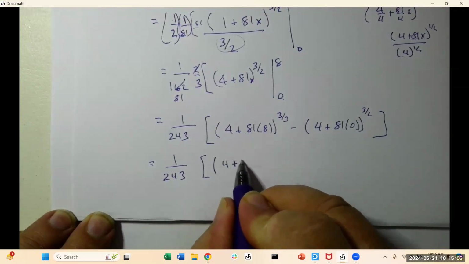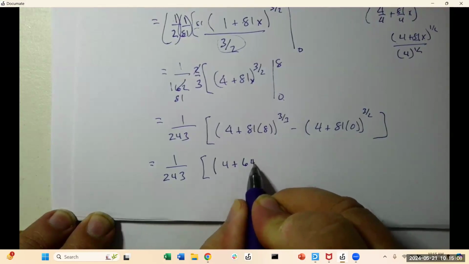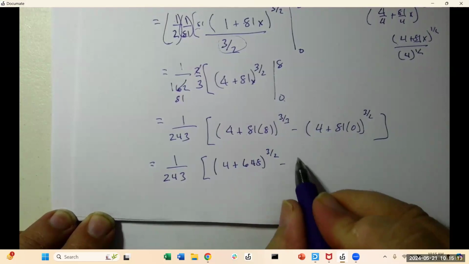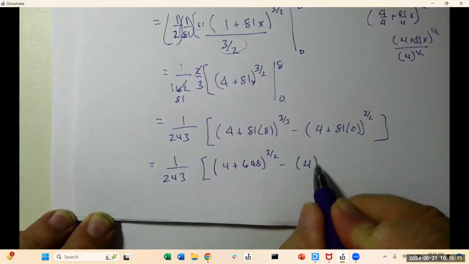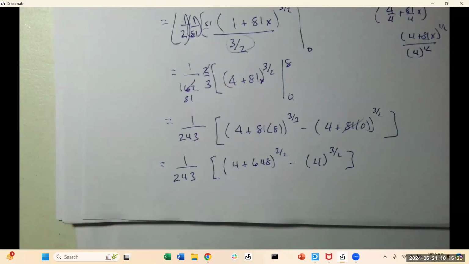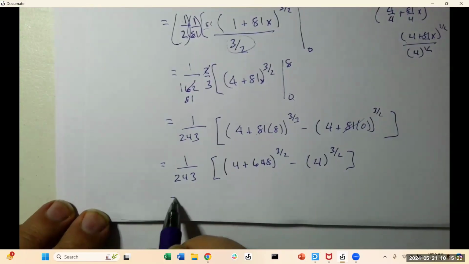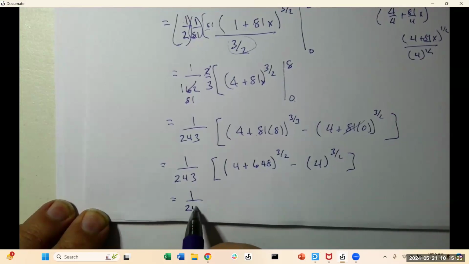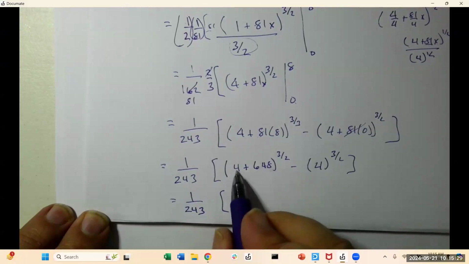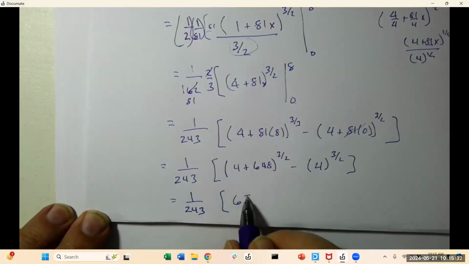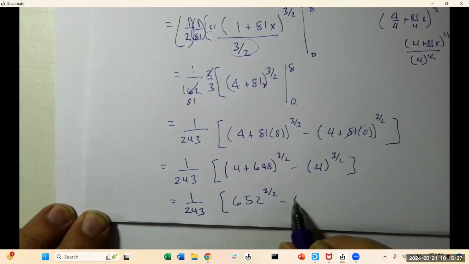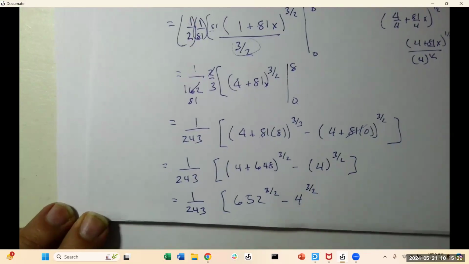So it's 4 plus 648, and 4 plus 81 times 0 is just 4, to the power 3/2. 648 plus 4 is 652, to the power 3/2, minus 4 to the power 3/2.